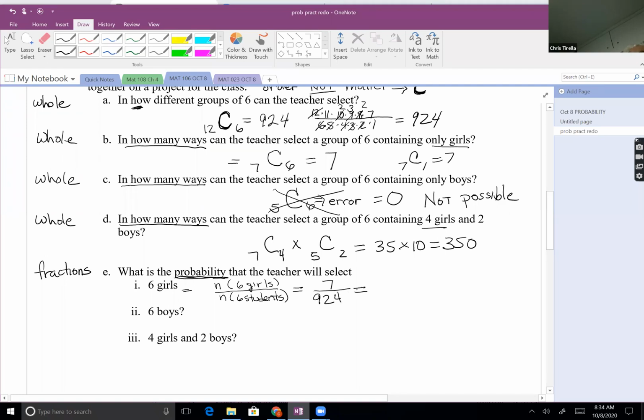The only issue would be, is that fraction reducible? And the only way that fraction would be reducible is if I can divide 924 by 7. And I believe that is possible. 924 divided by 7 would be 132. And so that probability is 1 in 132.